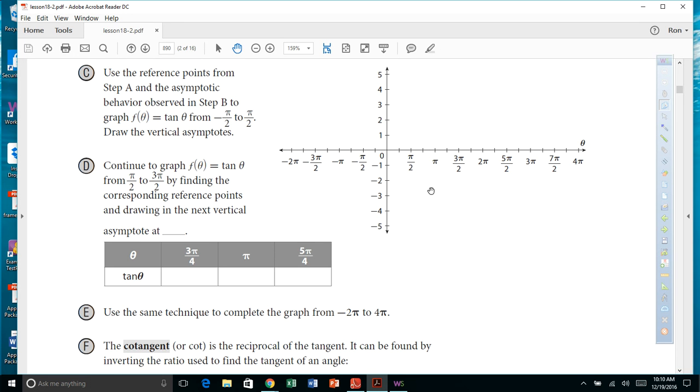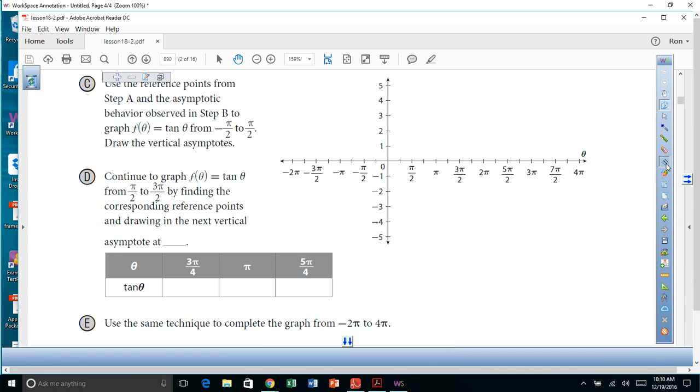Now on the last page, we learned that there were vertical asymptotes at negative pi over 2, so we'll put one right there, and pi over 2. That's kind of crooked. Yeah, that's a little bit straighter. All right.